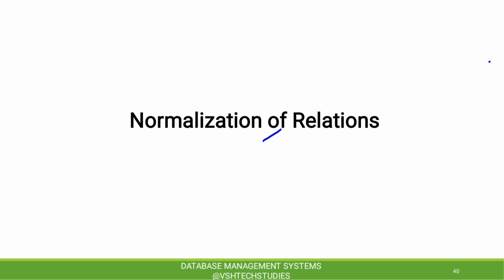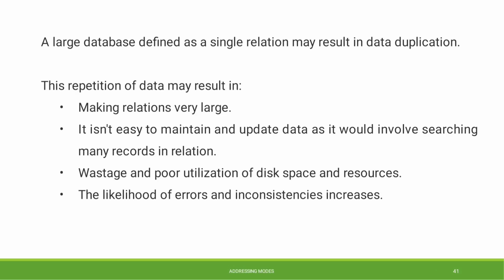Next, we shall study what is meant by normalization of relations. If we have a large database in which we have a single big relation, that will result in data duplication. The duplication of data makes the relations very large because many data are repeated. Then it is not easy to maintain and update data because multiple copies must be updated.